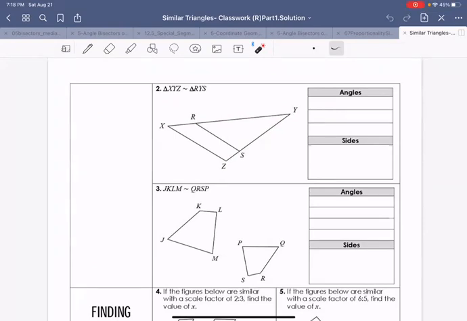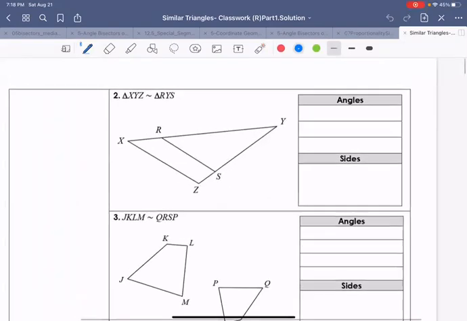Let me call Alan. Can you tell me which angle corresponds to which angle? Go ahead, please. Angle X is congruent to what?